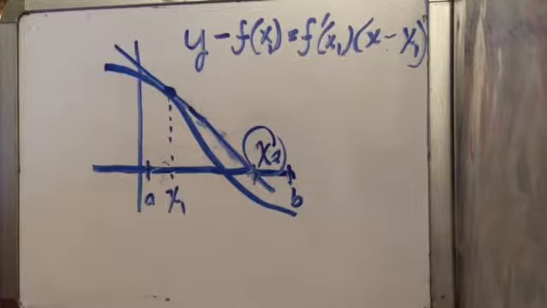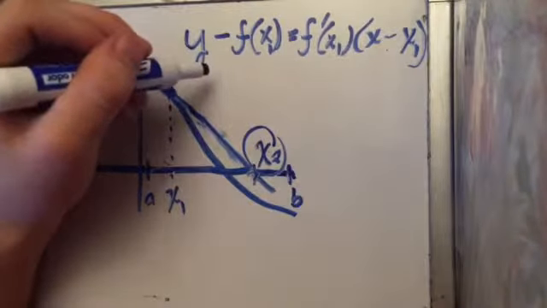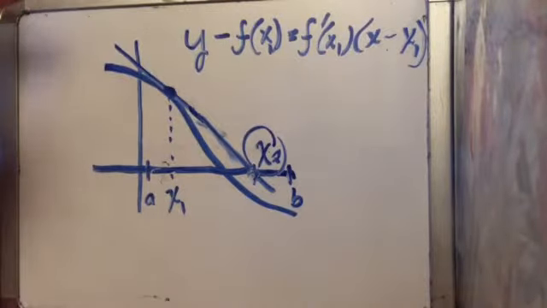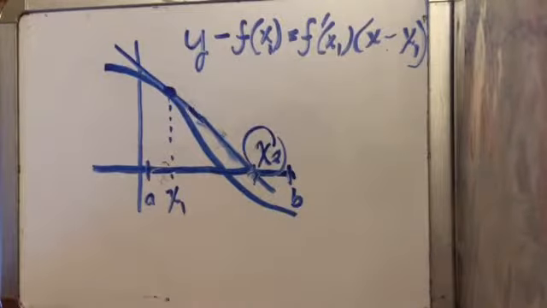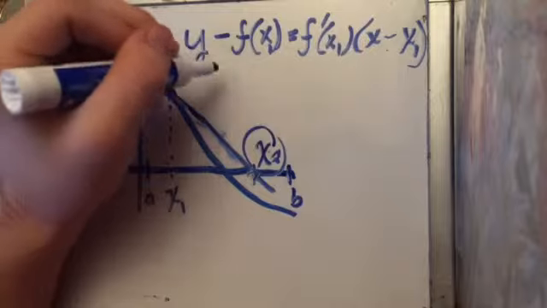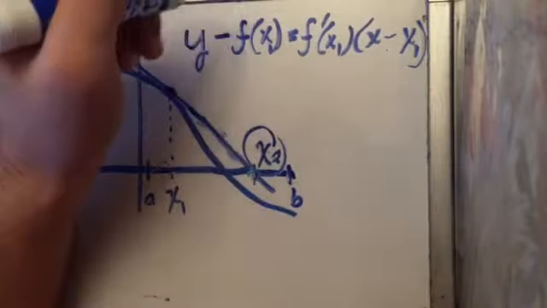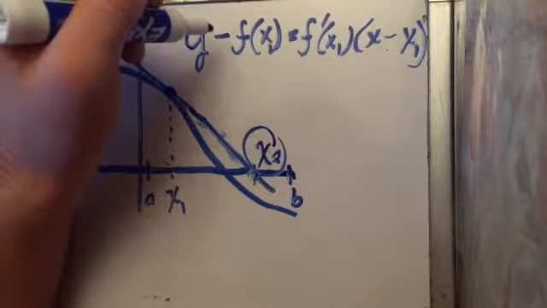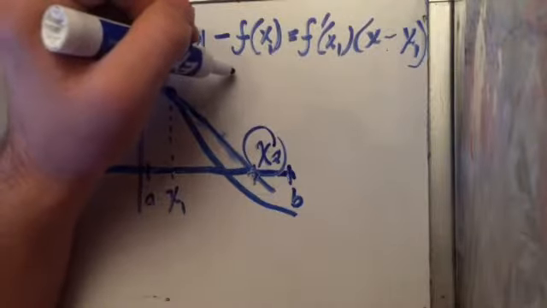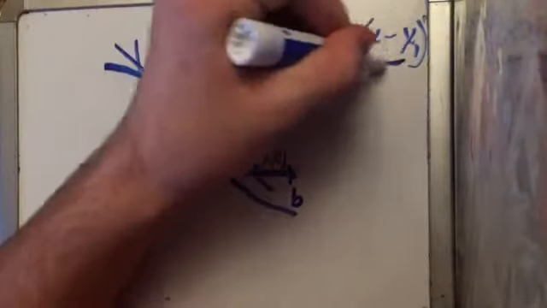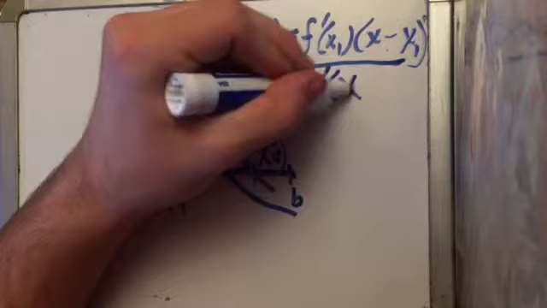Right now we're actually proving how Newton's method works. This is not the actual steps, just to clarify. By the definition of an x-intercept, we'll let y equal 0. We're going to divide out f prime of x1.